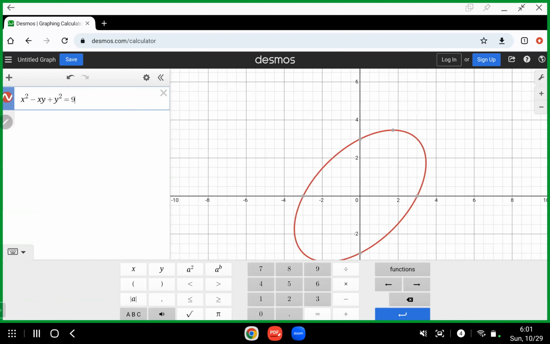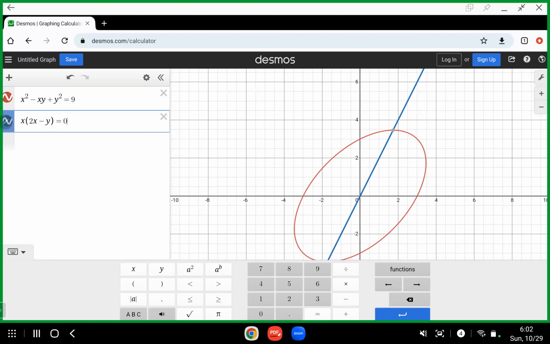Okay? And x times 2x minus y is equal to 0. I actually have no idea how this works.